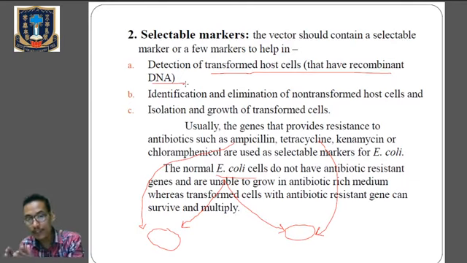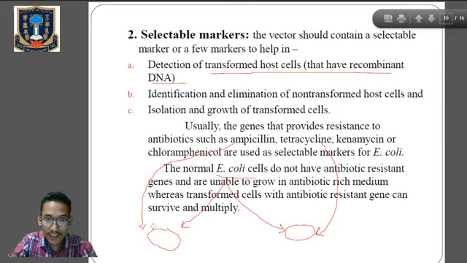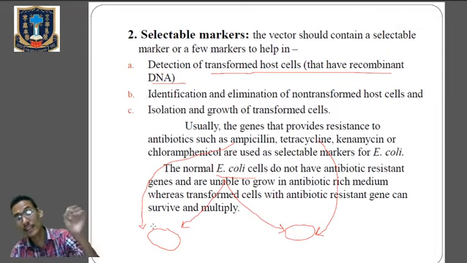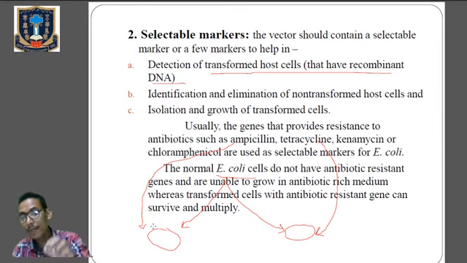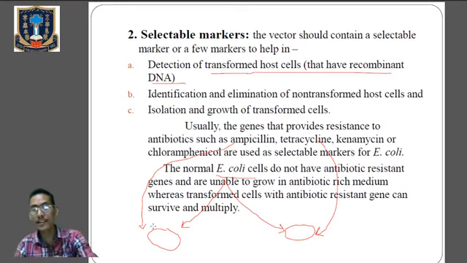So when we put the transformed E. coli cells into the medium containing ampicillin, that E. coli cell will not die. Why? Because it has got the ampicillin resistance gene. But if we put the same transformed E. coli cell into the tetracycline containing medium, it will die. Why?